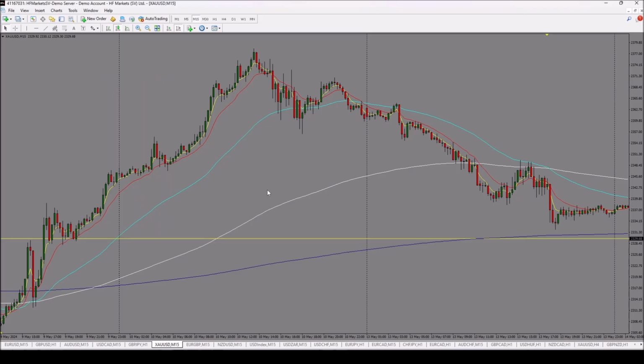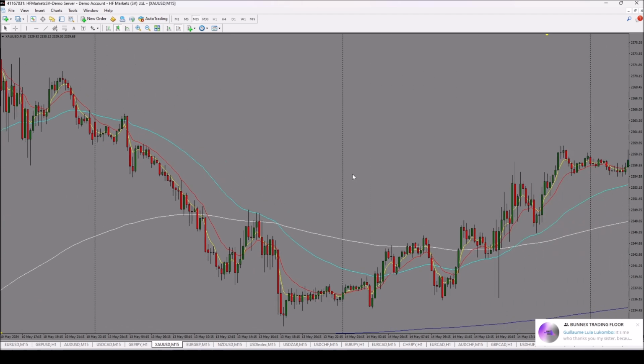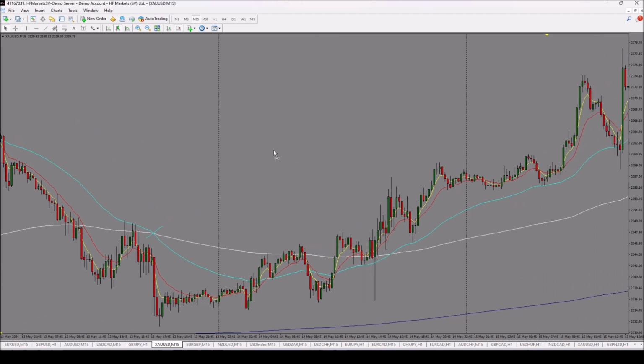So this is gold against US dollar, which we are going to use for our examples. We've said the first thing that you need to see is a 50-200 EMA cross. When we see a 50 crossing a 200, it's time to get ready. When that happens, we need to see price retesting the 200.